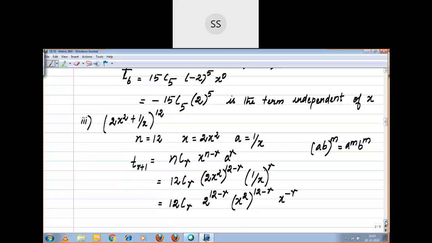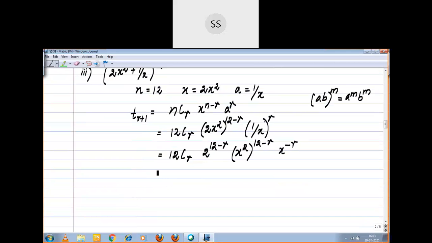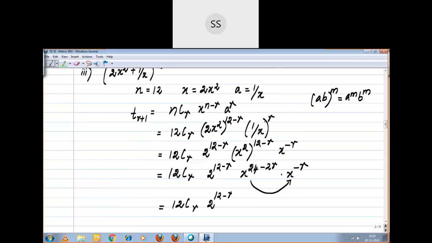Now 12CR 2 to the power 12 minus r, x power 24 minus 2r into x power minus r. Again, law of exponent. The bases are same, you are going to add the powers. 12CR 2 to the power 12 minus r, x power 24 minus 3r.